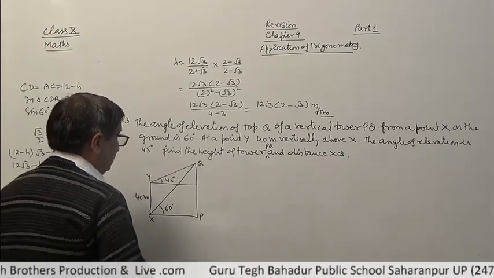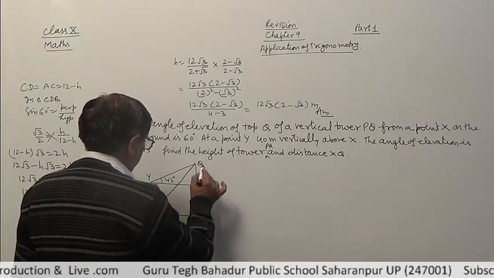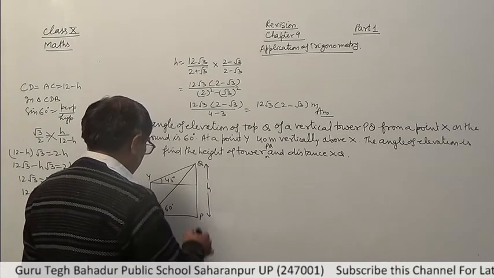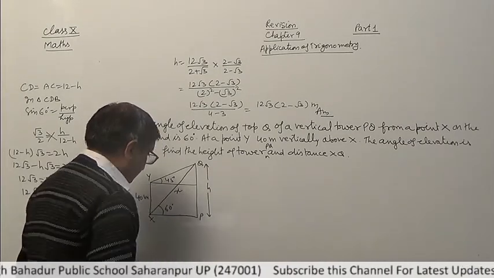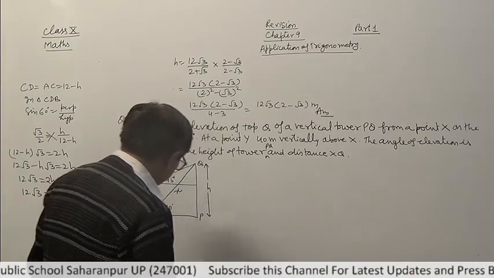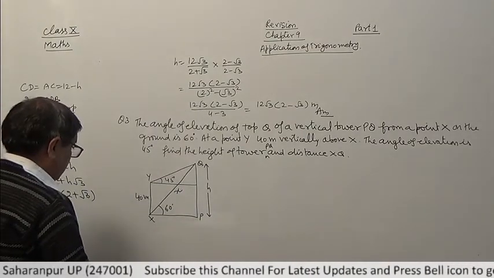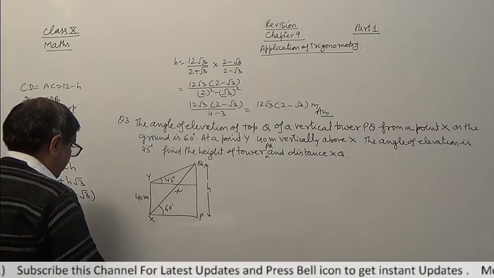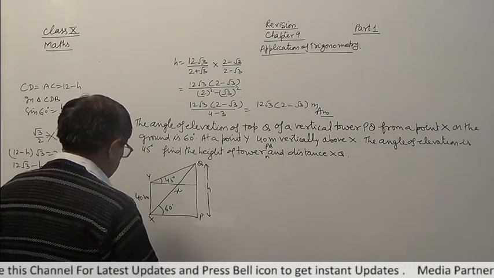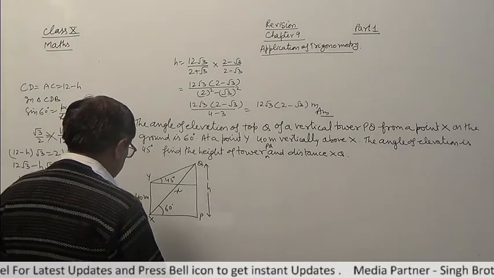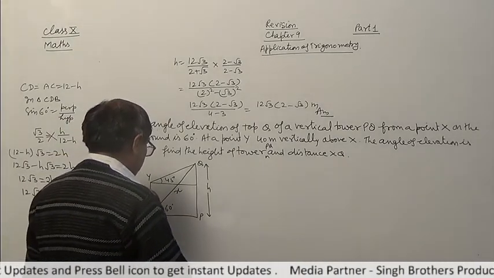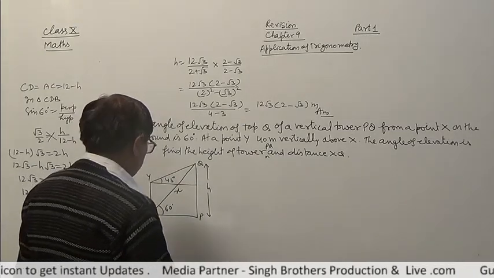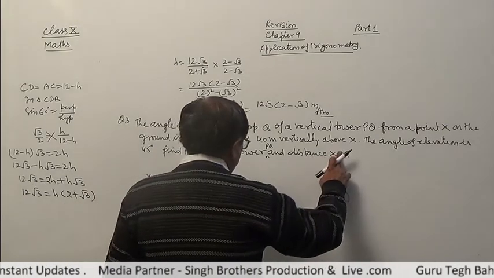Find the height of tower and XP distance. It should be XP. This is XP, not XQ.